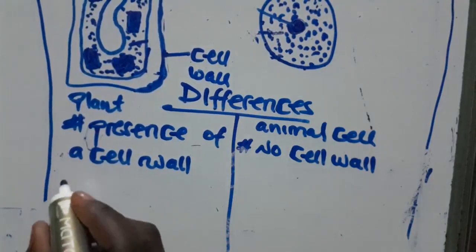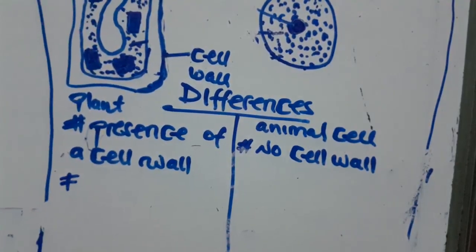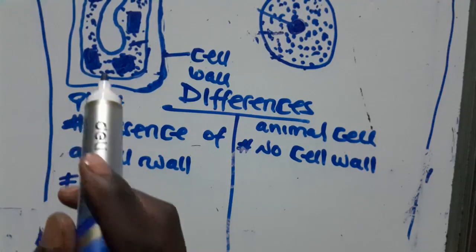Another difference we are able to notice, another part which is present in a plant cell but not in an animal cell: have you seen this space?